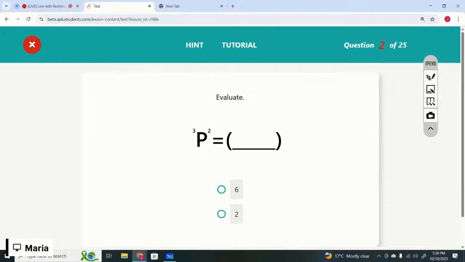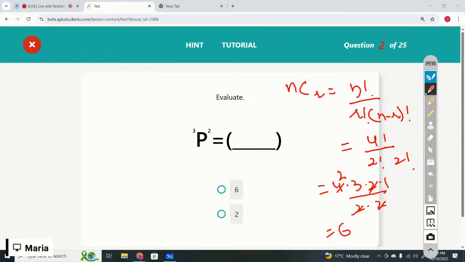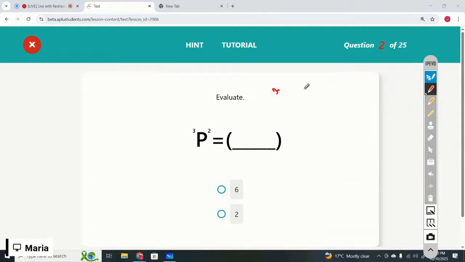3P2. Now we need to calculate the permutations. We need to calculate nPr, that is n factorial divided by n minus r factorial.